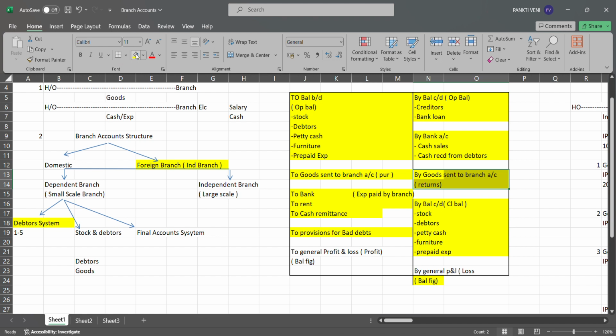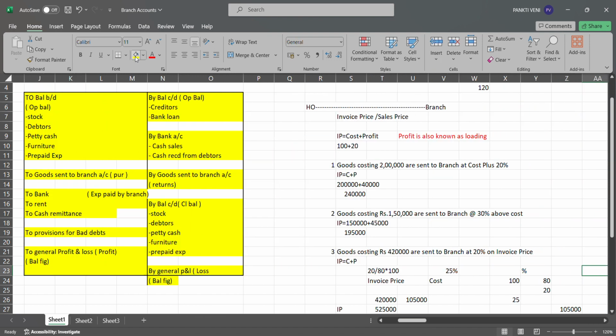That is the return; here it was sales. I'm sending goods to the branch, and here the goods are coming from the branch. This part will help us calculate branch profit or branch loss, which will mostly be your balancing figure.